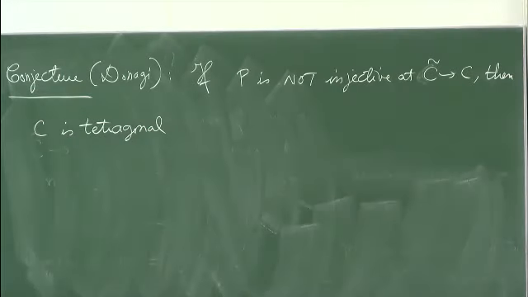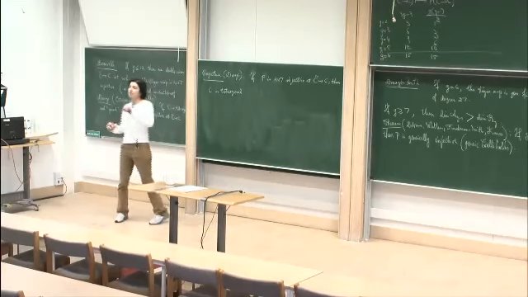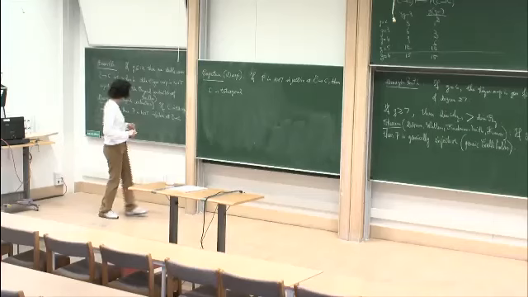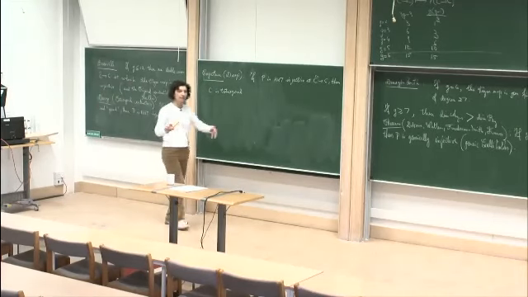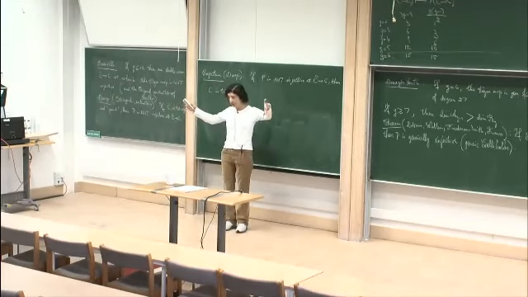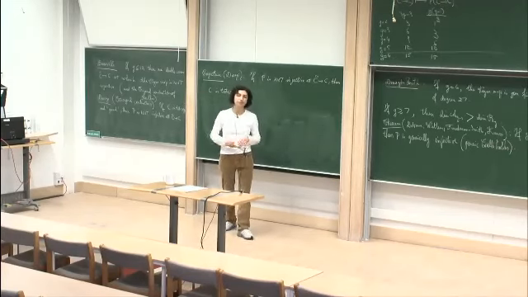And he went a little bit farther than this. He said that the failure of injectivity would be exactly due to the tetragonal construction. That if you have two double covers with the same Prym, then you could do a series of tetragonal constructions to go from the one to the other.